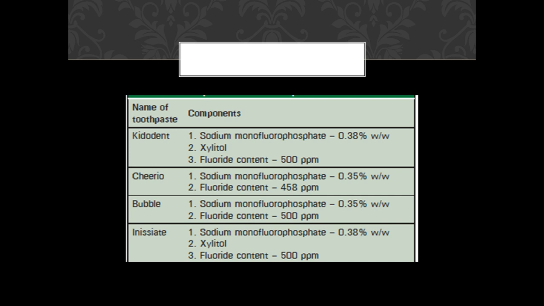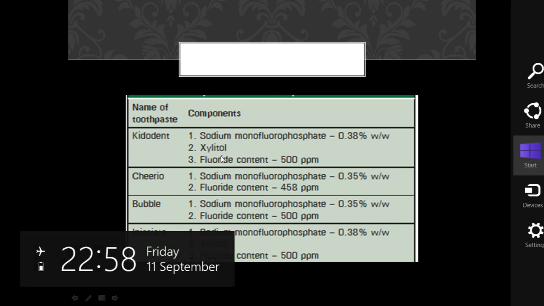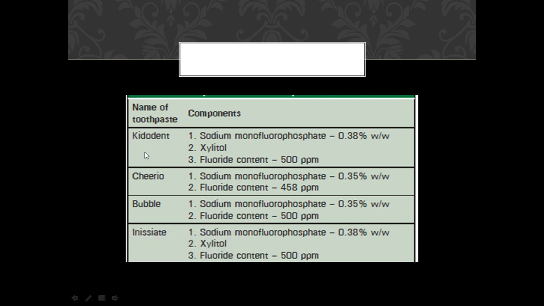So you might come across a few toothpastes specifically manufactured for children. If you deeply think about why you have to prescribe a special paste or child formula dentifrice for a child, look at this one, Kidodent, which is commonly available in the shops.